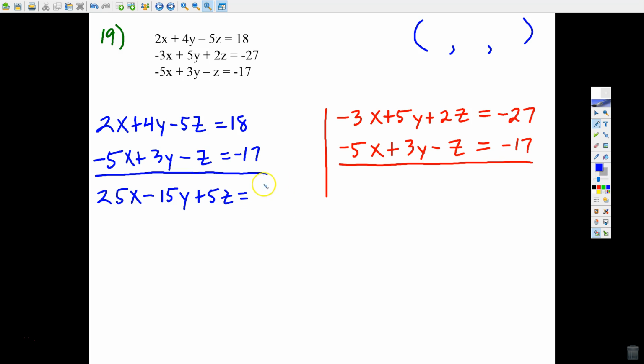What is that, 85? Well, I'm trying to eliminate z, and I'm trying to create an opposite term to -5z, so I multiplied the bottom equation by -5. And so we won't get all confused, I'm just going to mark this one out. So everything on the bottom got multiplied by -5.